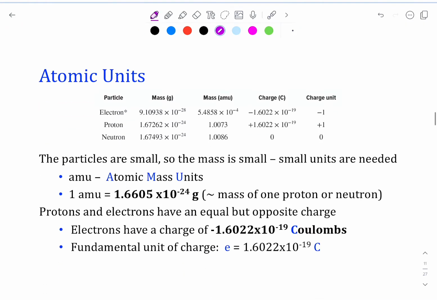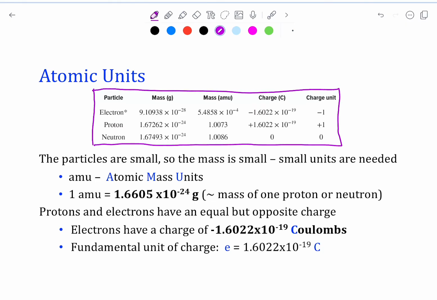Okay, so when we were talking about all of these experiments, we said we were able to find the charge and the mass of electrons. Later experiments found the mass and the charge of a proton and a neutron and all that stuff. And that's what is highlighted in this table here, the charge and the mass.